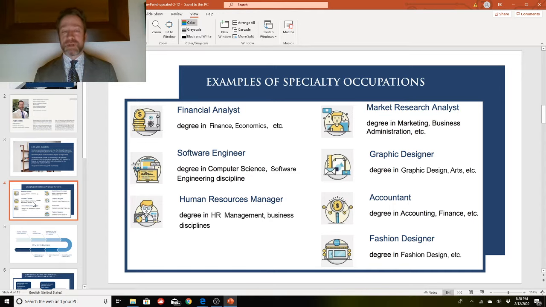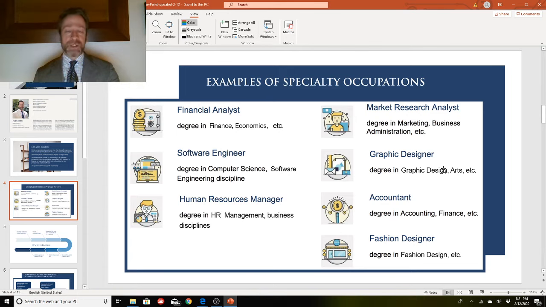And I have here on the screen many different options of specialty occupations that may qualify a foreign national to get an H-1B visa. That includes, for example, a graphic designer, and the foreign national can qualify for this H-1B if they have a related degree, such as graphic design, or a closely related degree, such as an arts degree, for example.